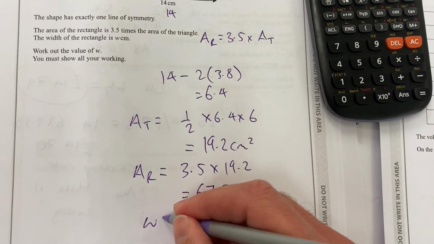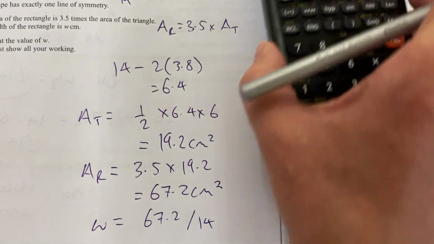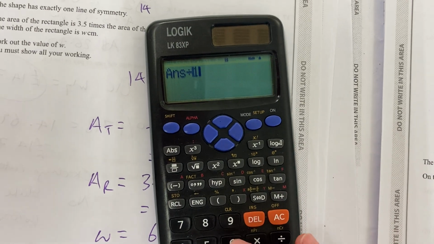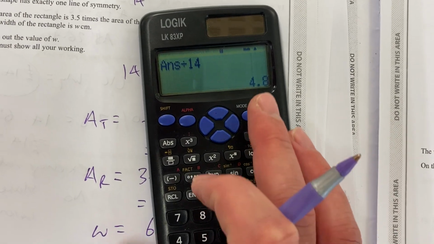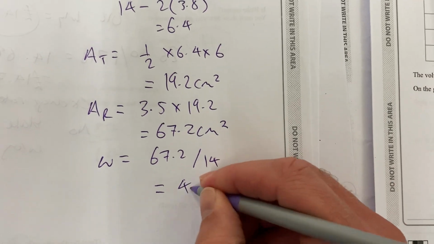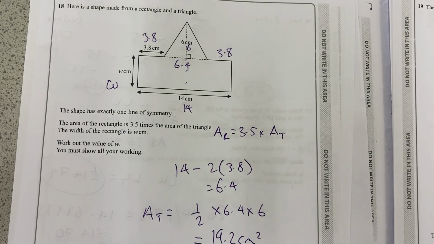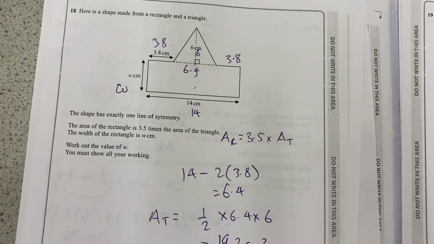Now I can work out W must be 67.2 divided by 14. So divide that by 14 and I get 4.8 centimeters. Okay, a nice area, compound shape, problem-solving question there.